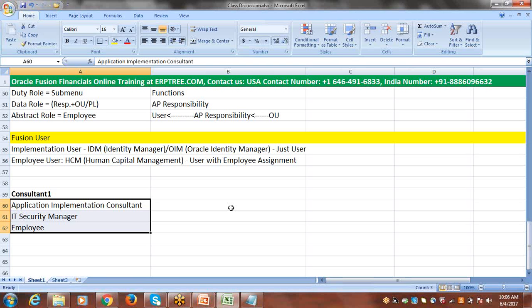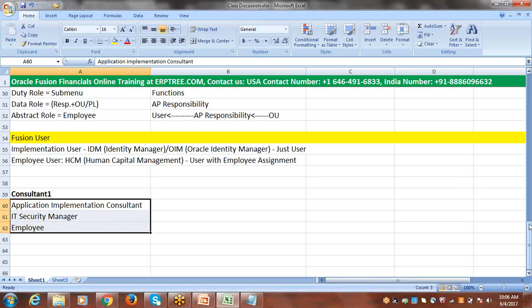No, we don't assign. The reason is it is a standalone responsibility so that we can do the configuration. We are implementing, not going to record transactions for a specific primary ledger or operating unit. Just for configuration purposes we use it. So no mapping is required.